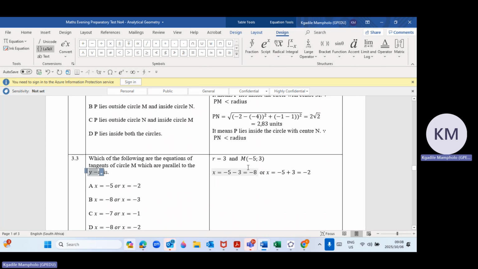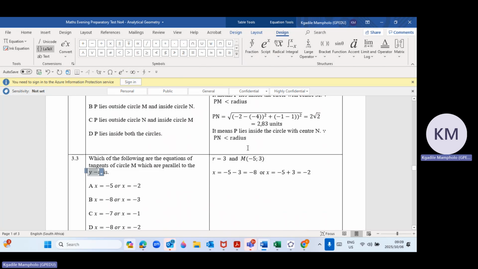To get the left tangent, you say -5 - 3, because when you count to the left, it will be minus, since the radius is 3. Then you say -5 - 3. The equation of the vertical tangent of circle M on the left would be x equals -8.